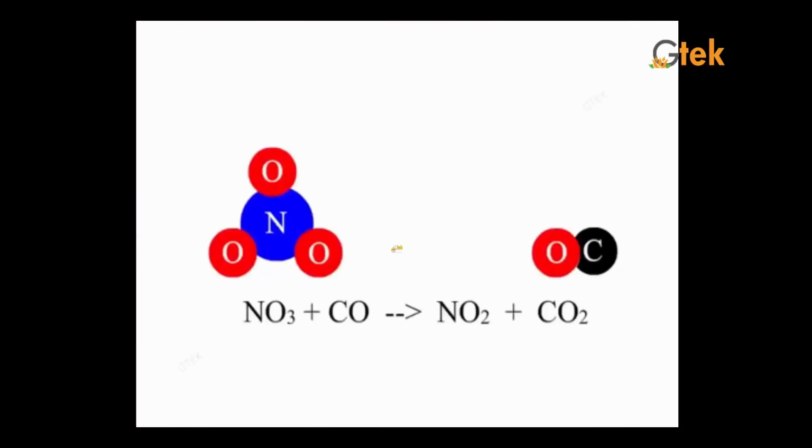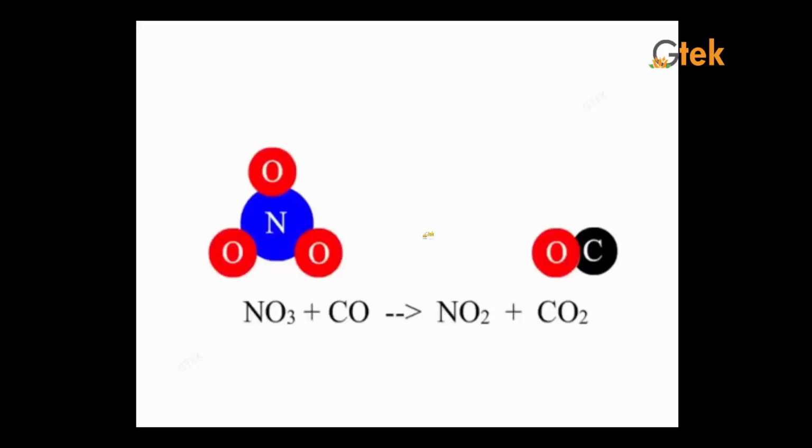So let's discuss more on the collision theory with a 3D now. I got NO3 plus carbon monoxide, it becomes nitrogen dioxide and carbon dioxide. Now let me show you, if the direction of the reactants is right, automatically there will be a collision and an atom will be absorbed, or else nothing will happen.